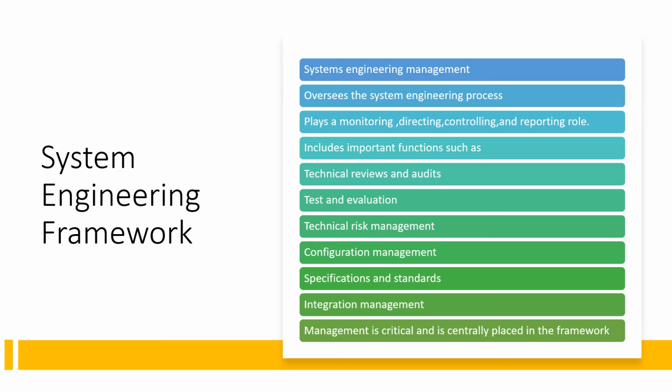Likewise, system engineering management oversees the system engineering process, and it plays monitoring, directing, controlling, and reporting roles, including important functions such as technical reviews and audits, test and evaluation, technical risk management, configuration management, specifications, standards, and integration management. Management is critical and is certainly placed in the framework, which is shortly defined as how the system engineering framework is going to be done.